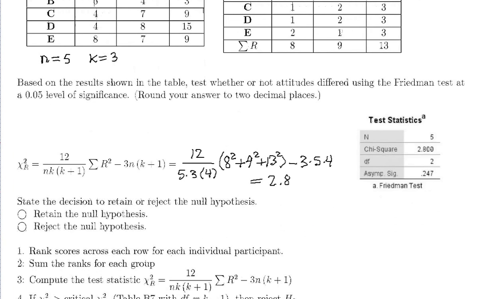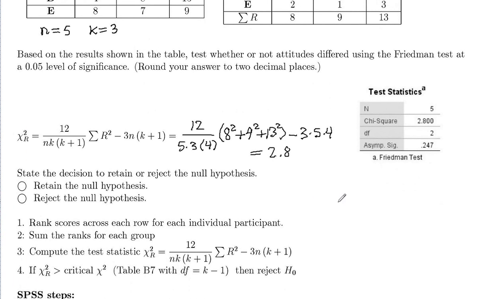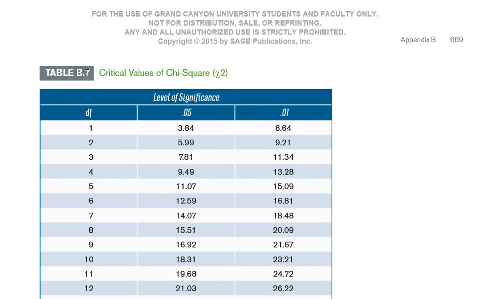And then you compare that to the critical value in the back of the book. So this is our chi-squared sub r, 2.8, and we want to compare that to chi-squared in the back of the book with k minus 1 degrees of freedom, so 2 degrees of freedom. And again, that is table B7, page 669.